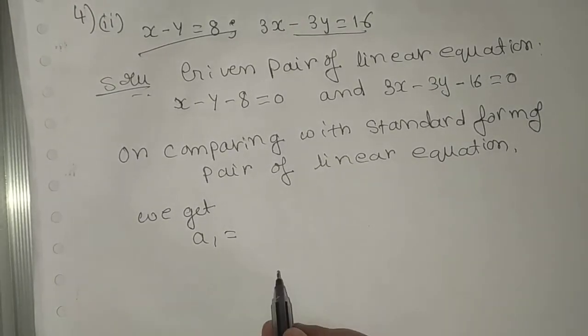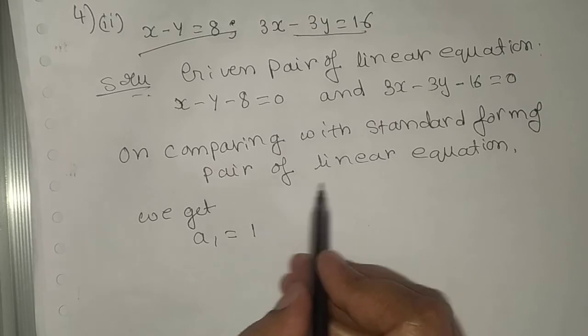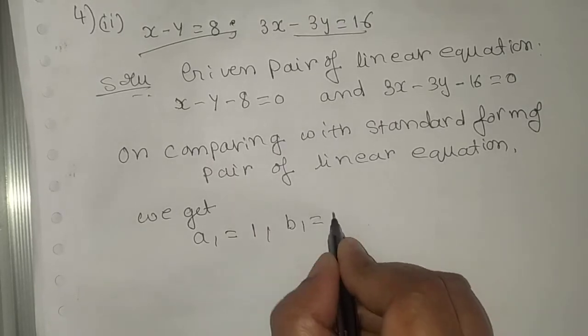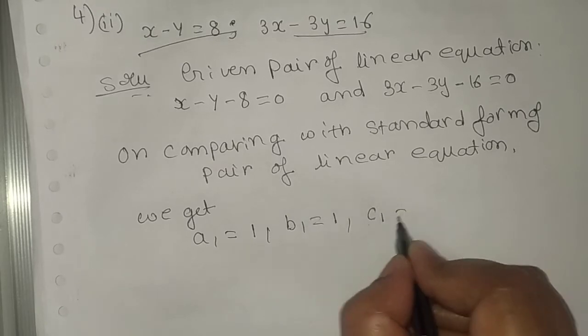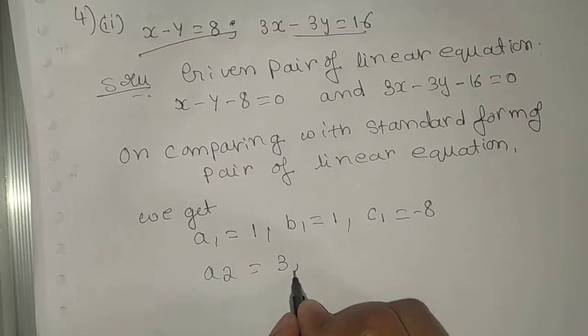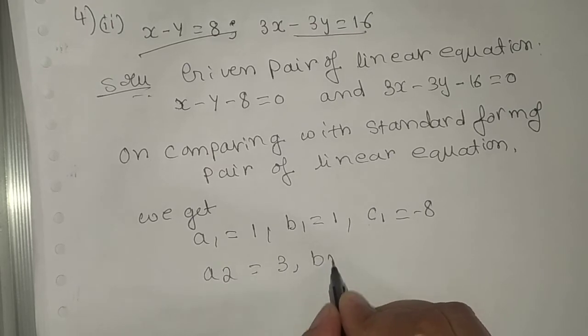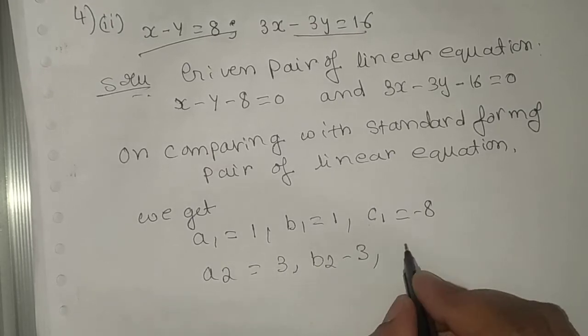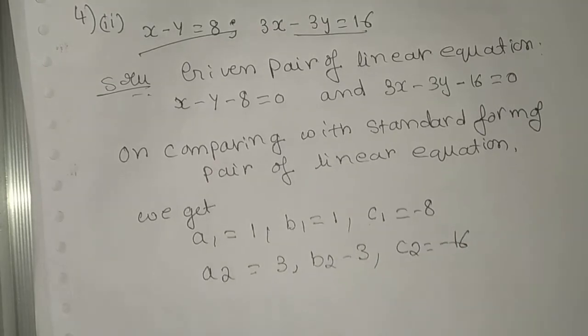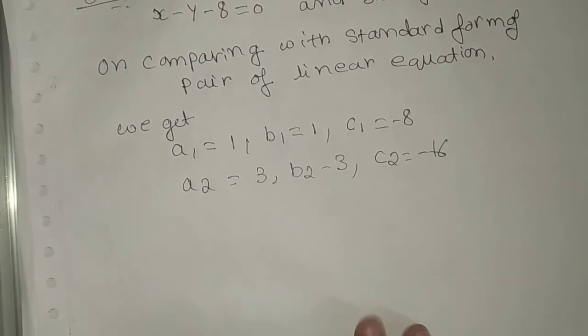Here A1 is 1, B1 is 1 and C1 is minus 8. Similarly A2 is equal to 3, B2 is equal to minus 3 and C2 is equal to minus 16. So we are getting this.